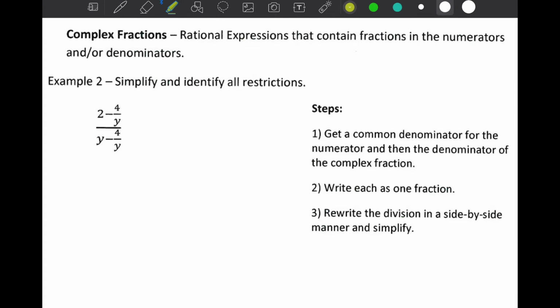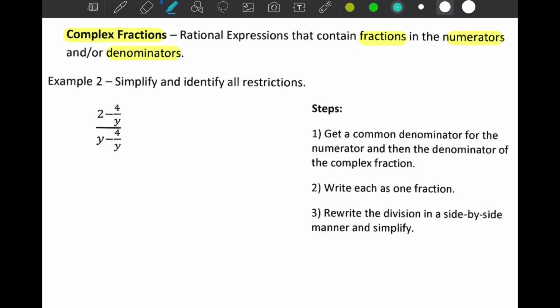Before we move on to example 2, I would like to quickly go over what complex fractions are. So complex fractions are rational expressions that contain fractions in the numerator and/or the denominator. So it would look something like this in the numerator and this in the denominator.